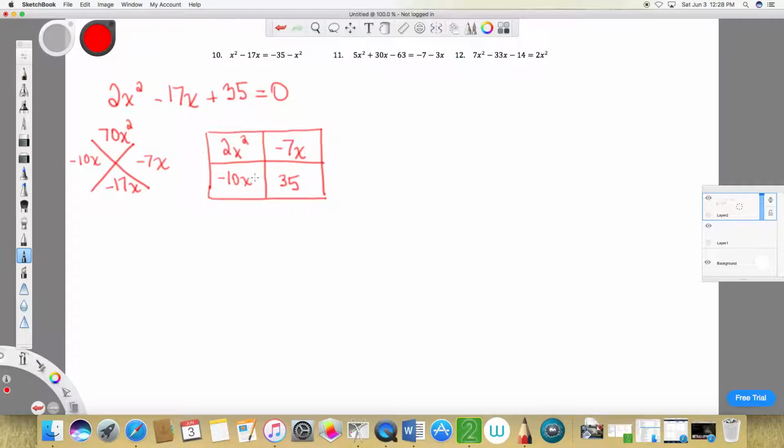So what's common to negative 10 and positive 35 is a negative 5. And vertically here, what's common to the 35 and negative 7 is a negative 7. A negative 5 times a negative 7 is positive 35.